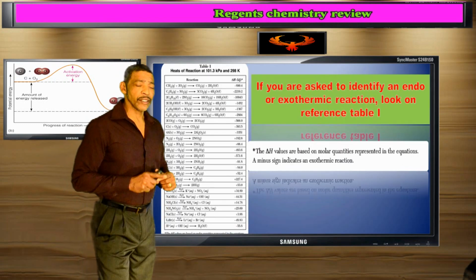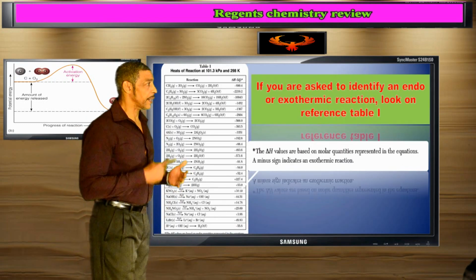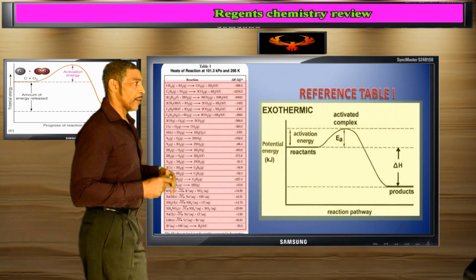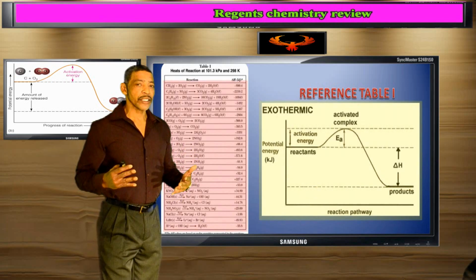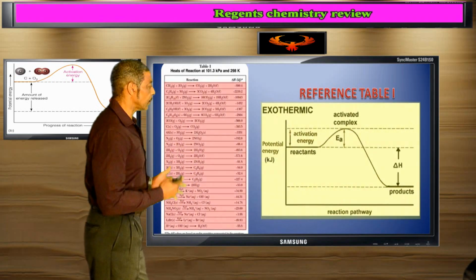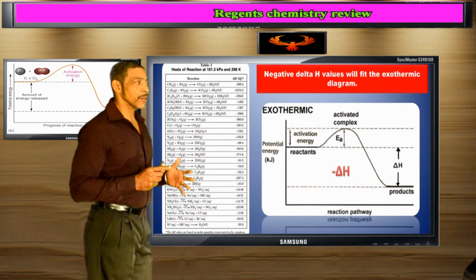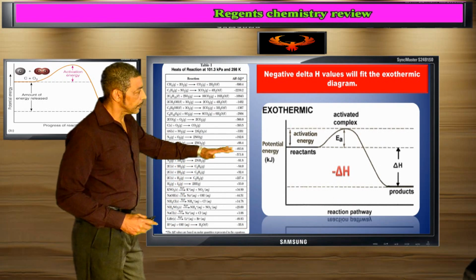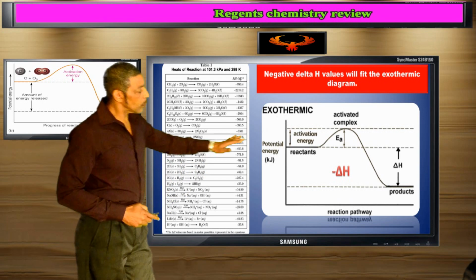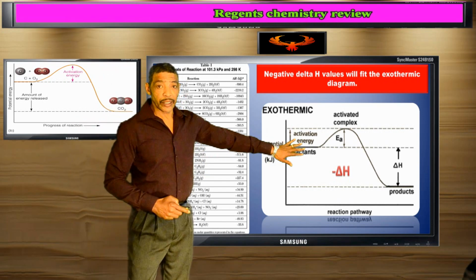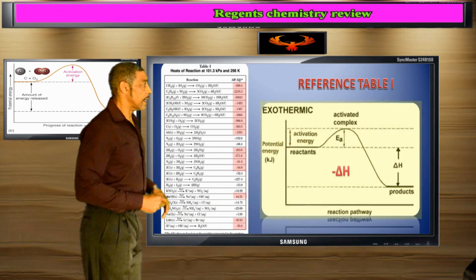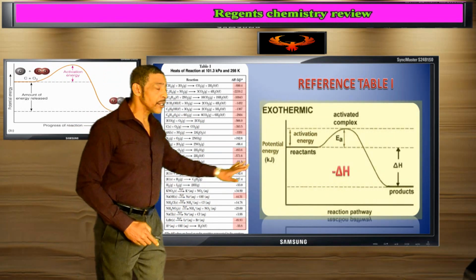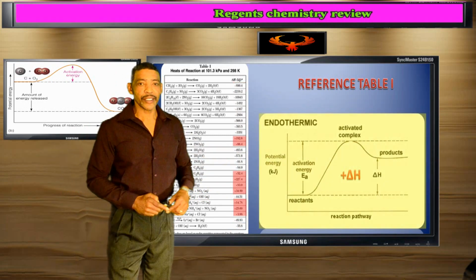If you're asked to identify an endothermic or exothermic reaction, look on Reference Table I. And if you're asked to relate one of these reactions to a specific potential energy diagram, remember that reactions with negative delta H values will fit the exothermic potential energy diagram, and reactions that have a positive delta H value will fit the endothermic potential energy diagram.